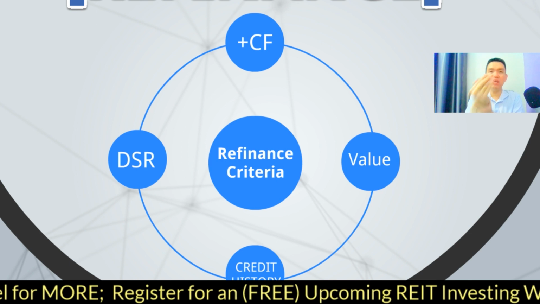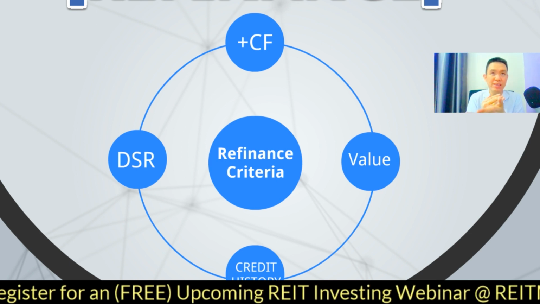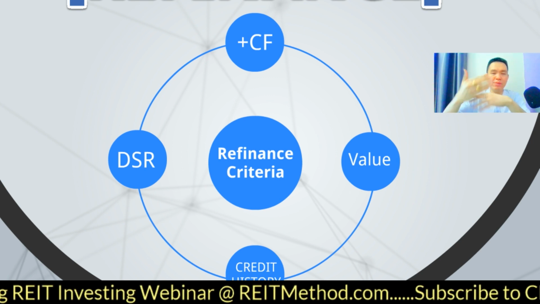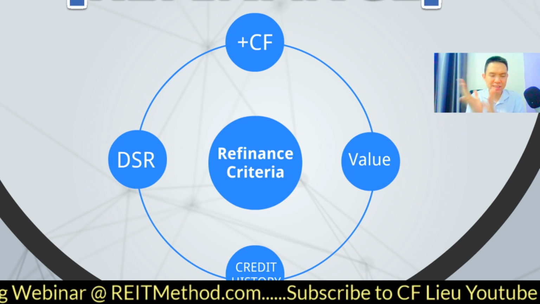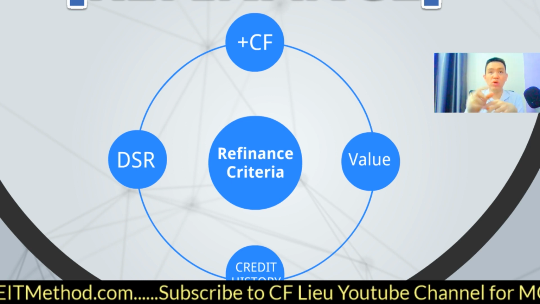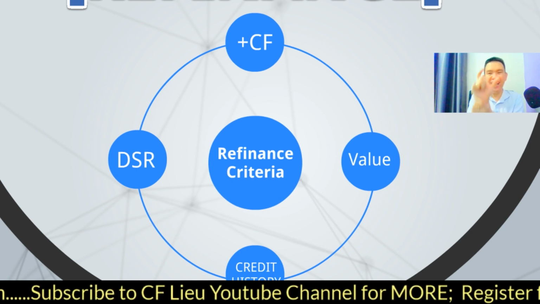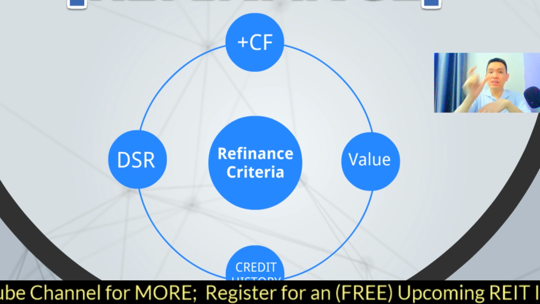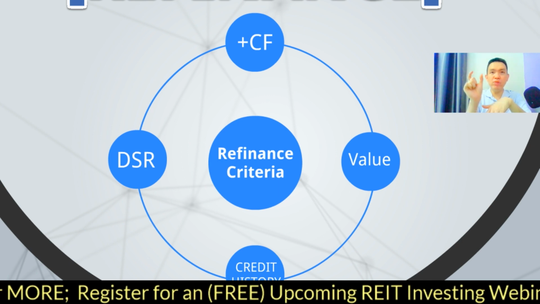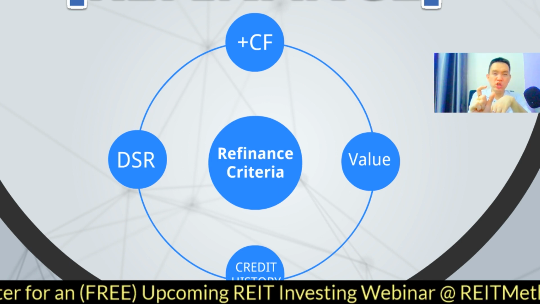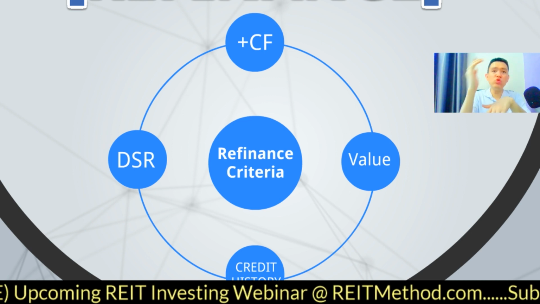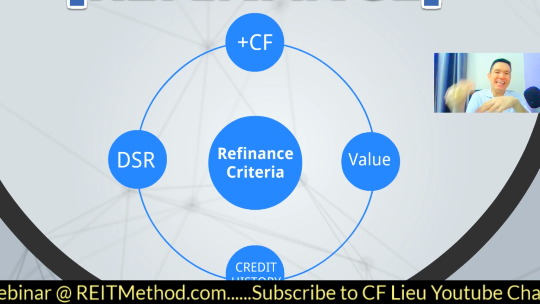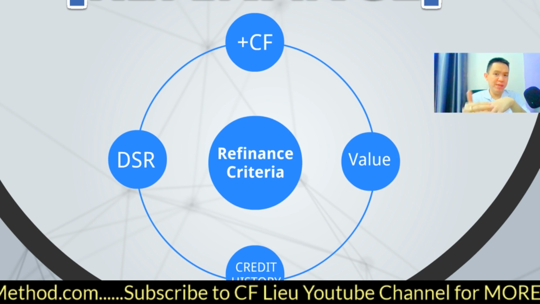What happens is if your previous property is already cash flow negative, it will affect your capability to refinance. Let's put it that way: by taking an additional loan to invest in a property, that monthly repayment will increase your debt service ratio if you do not have sufficient rental income to at least break even on your mortgage repayment.